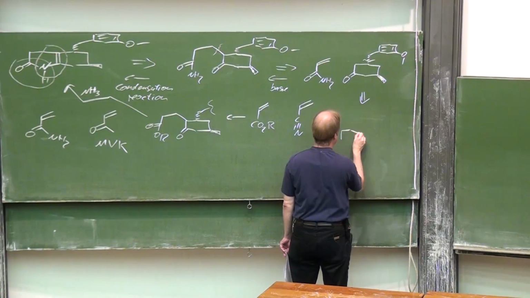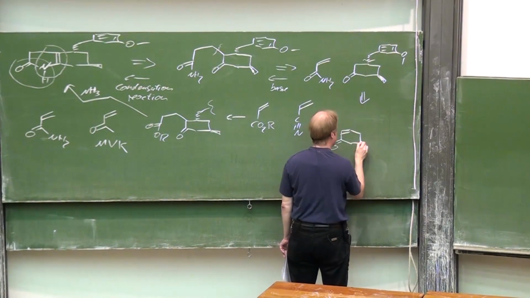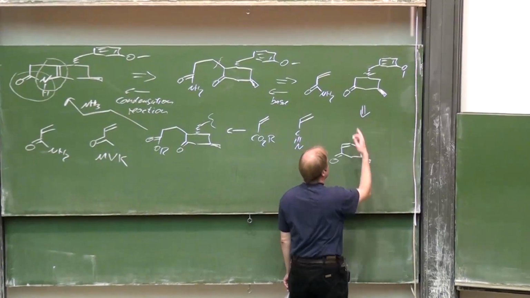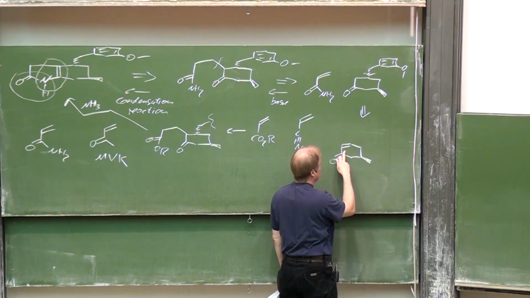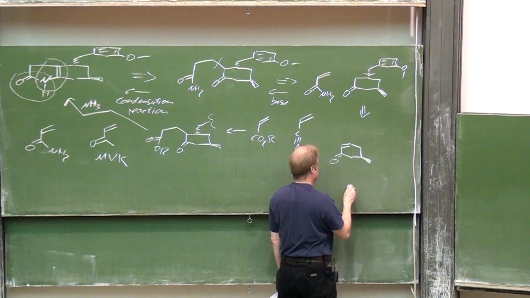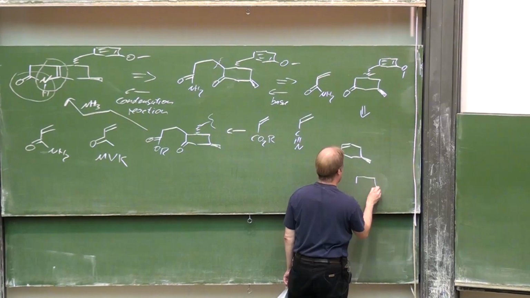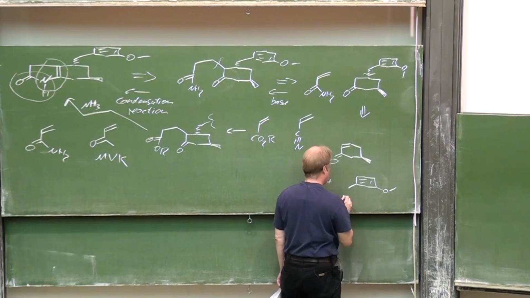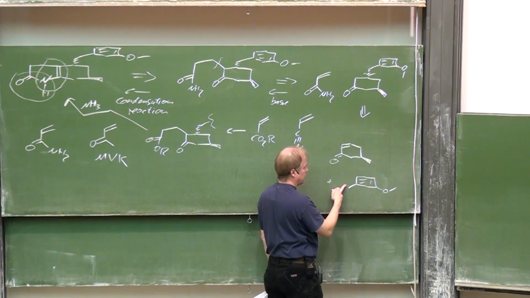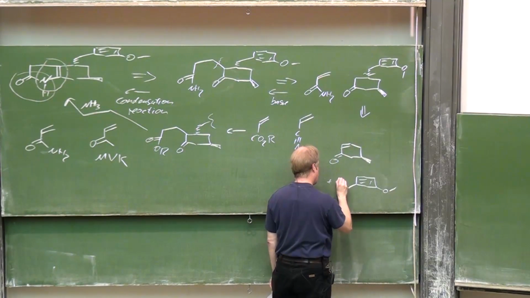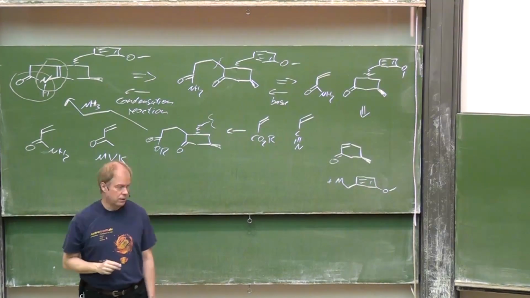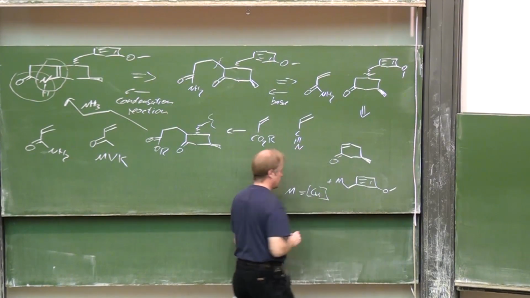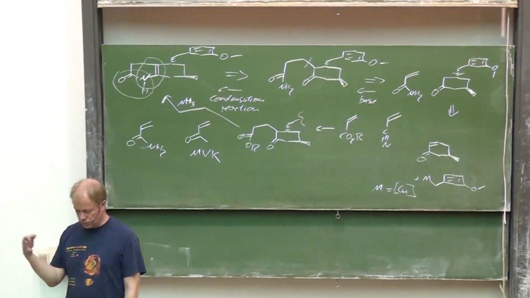So, for instance, simplifying it in a retrosynthetic analysis to this alpha beta unsaturated ketone plus this nucleophile, donator reactivity here, acceptor reactivity there, putting on a metal there, and of course M presumably should be some kind of copper complex.